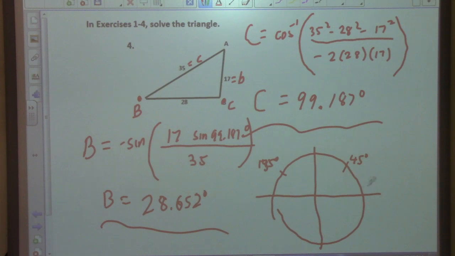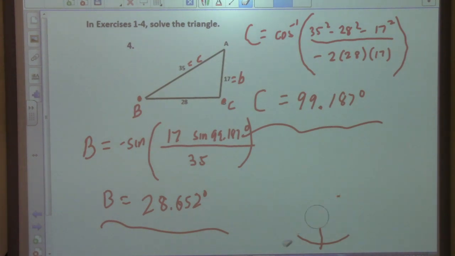These are the same. But cosine has no such problem, because it ranges from 1 all the way to negative 1. So the law of cosines doesn't have a similar drawback.